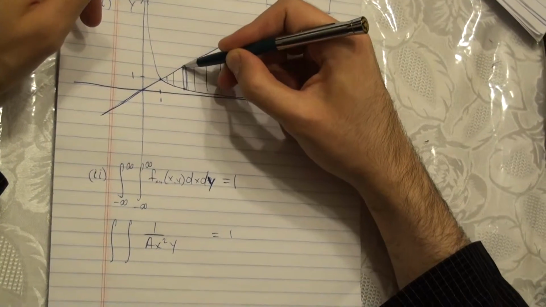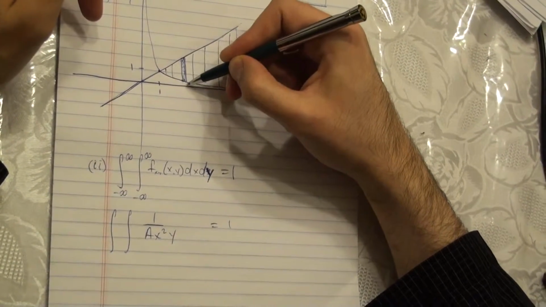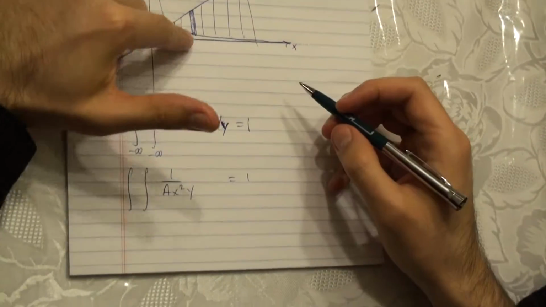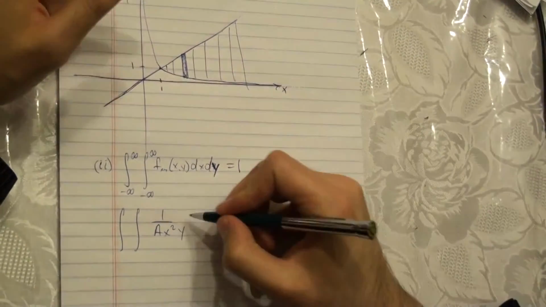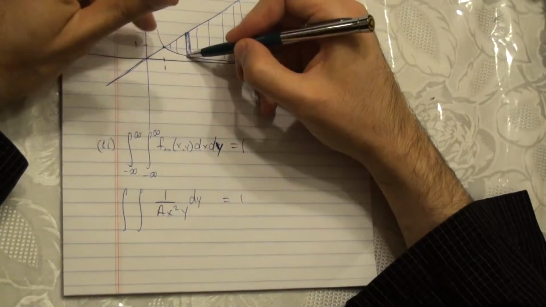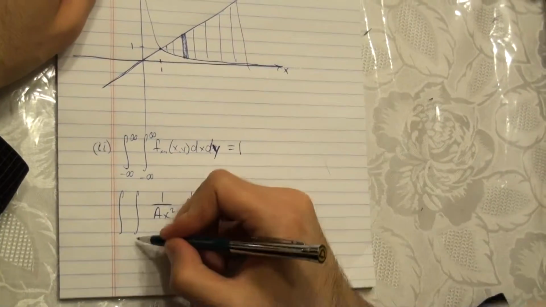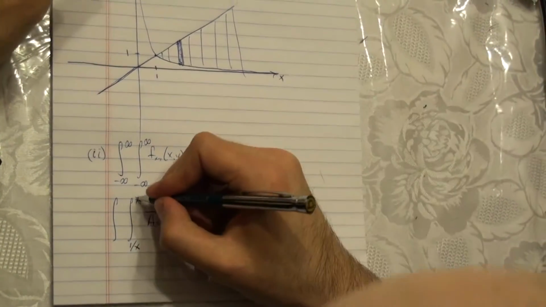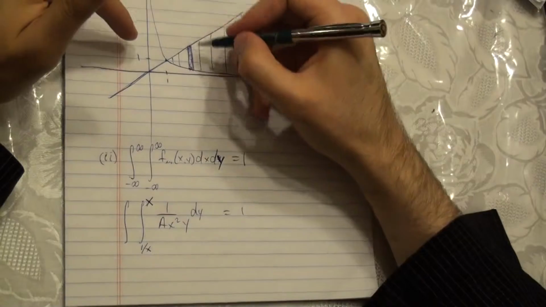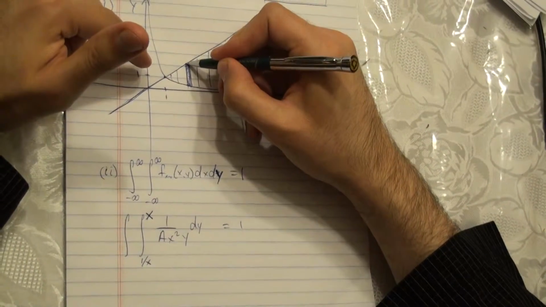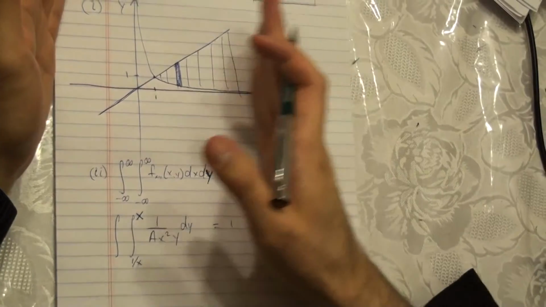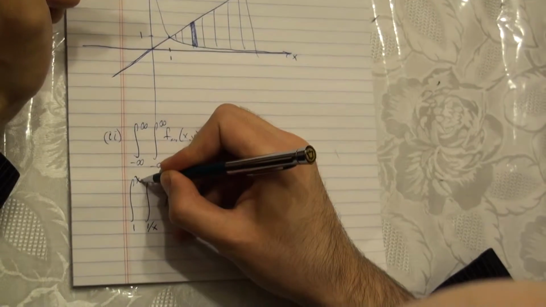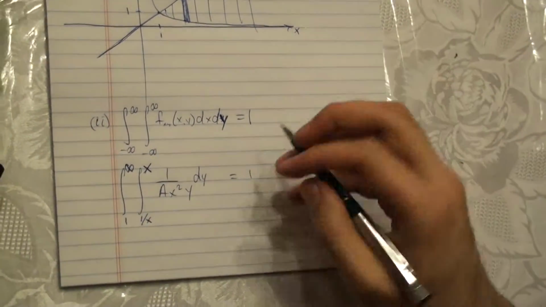We're taking a small piece over here, and we're going to integrate from here to here first. So that's going to be the change in y, dy. Since we're integrating from curve to curve, we're going to integrate from this first curve, which is 1 over x, to this next curve, which is just x. Now that we have this piece, we're going to integrate for the x values, which are going to go from 1 to infinity. And this has to be equal to 1.